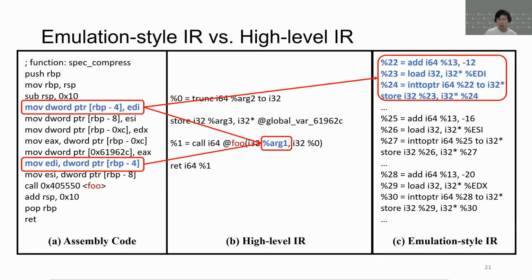Basically, EIR represents CPU registers with global variables and uses multiple IR instructions to achieve the semantics of an assembly instruction. And thus, EIR is usually more lengthy and difficult for analysts to understand.